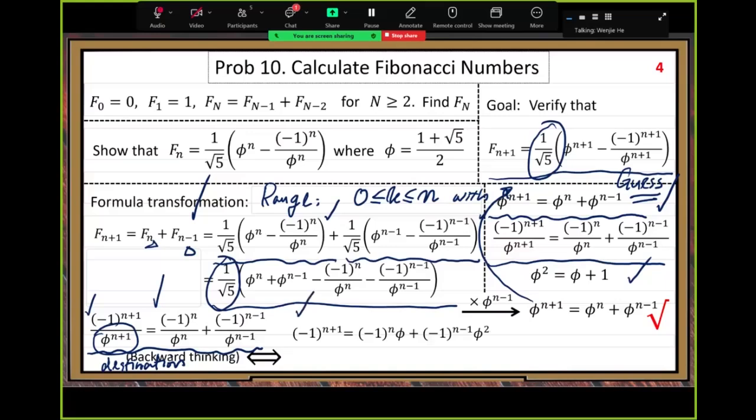This equality should be true. And the relationship between these two formulas goes both ways, right? If the second one is correct, we can get the first one. If the first one is correct, we can get the second one. So we can do deductions in both directions.